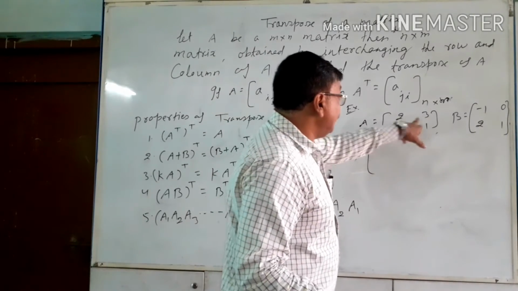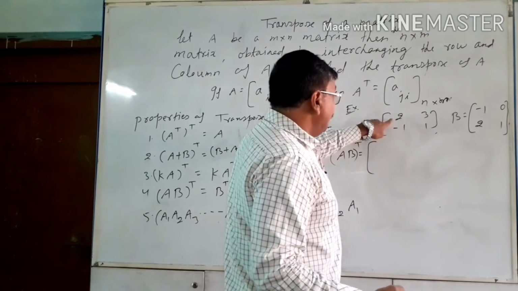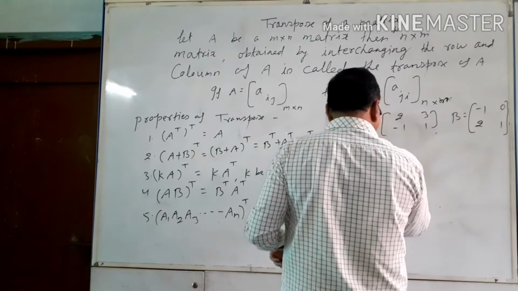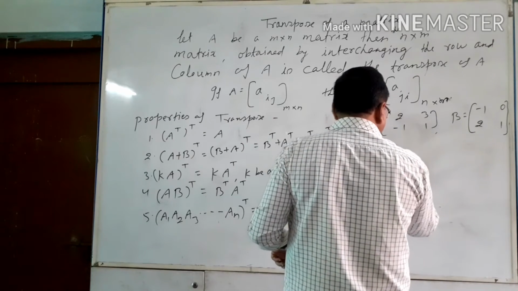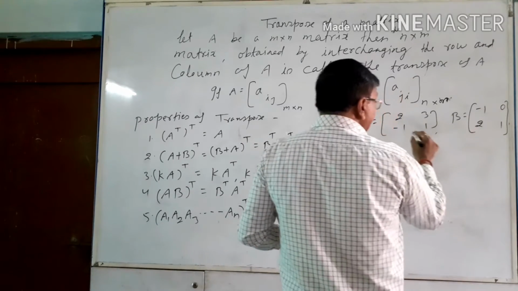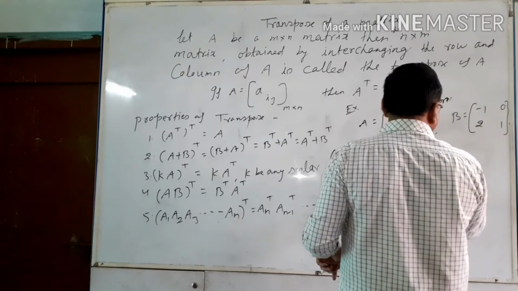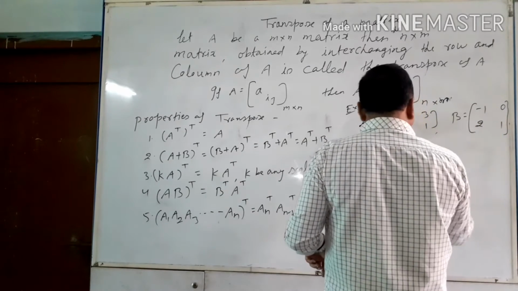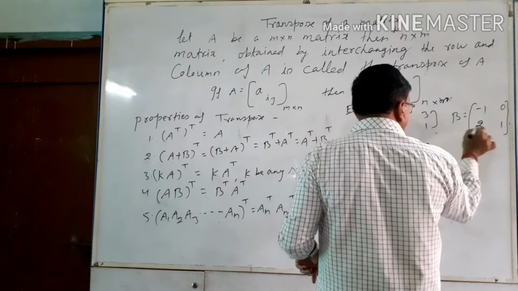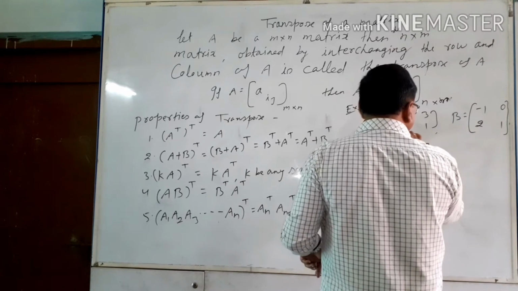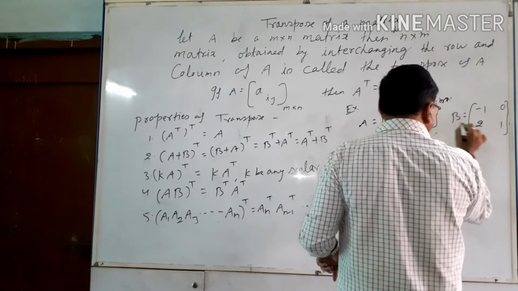First row, first column: minus 2 plus 6. First row, second column: 0 plus 3. Second row, first column: minus 1 plus 2... second row, second column: 0 plus 1.